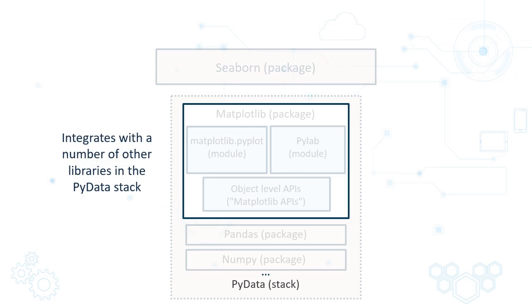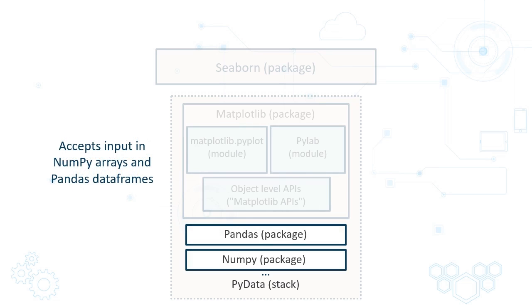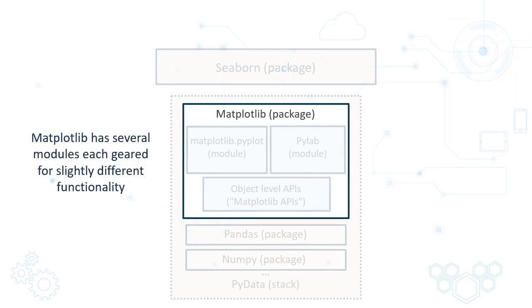Matplotlib itself is integrated with some of the other libraries within the PyData stack. This includes the NumPy and Pandas packages, which individually can be installed using pip install, but these provide essential data structures such as arrays and data frames, which are used to represent data. Now, within Matplotlib itself, there are a number of different modules which serve their own purposes.